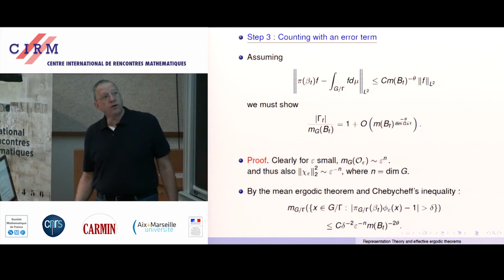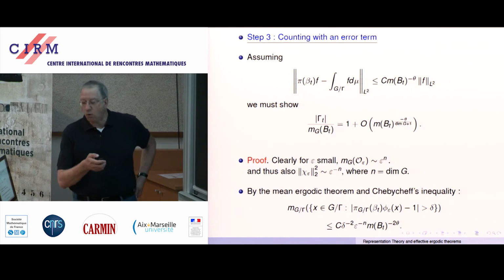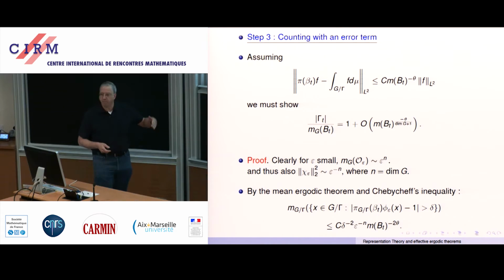Now, the mean ergodic theorem and Chebyshev's inequality, in this case, obviously give a much stronger result. Namely, that the same set of large deviation that we had before is bounded by delta to the minus 2, epsilon to the minus n, times the measure of B_t to the minus 2 theta.